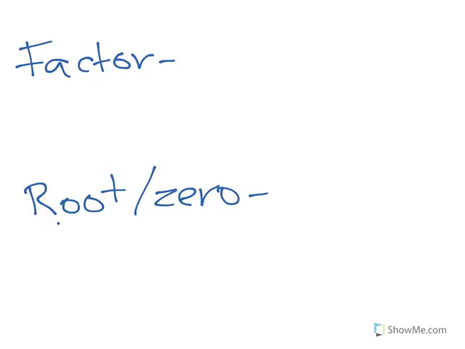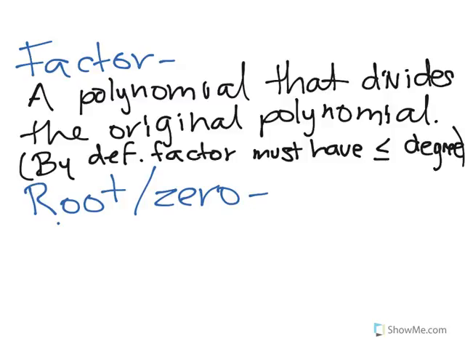So a factor is another polynomial that divides the original polynomial. Okay, and so by definition, the factor must have less than or equal the degree of the original polynomial. So let me explain a little bit of what I'm saying here. So let's say that you have x squared, and that was your polynomial.